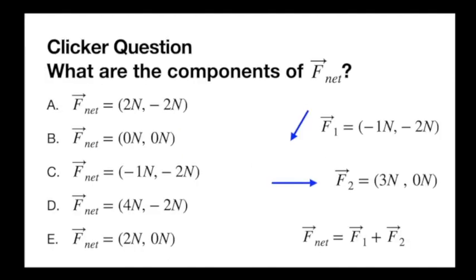Okay, let's do a practice question. Here's two vectors with their components. What are the components of Fnet? And as an extra bit, you can draw it too.